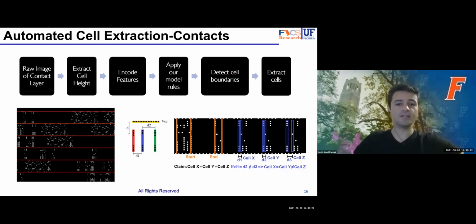Not necessarily are they unique per cell, per foundry or node technology, but they can narrow down the selections or the category of the cells that we are looking at. So a tool that would understand the patterns of the contacts will be very useful for understanding the final image.